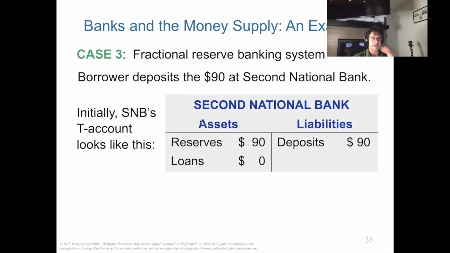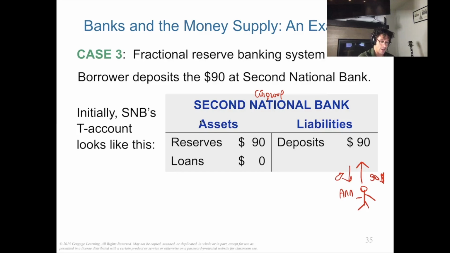N has $90 in cash. What she does is put this $90 in her bank, which is the Second National Bank. Let's suppose this is Citigroup. And in exchange, she receives a debit card that allows her to withdraw money from her account.